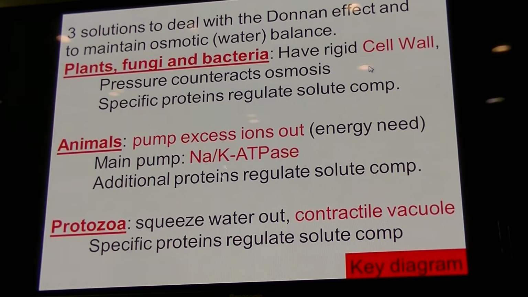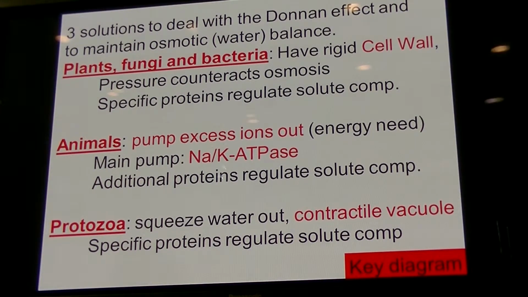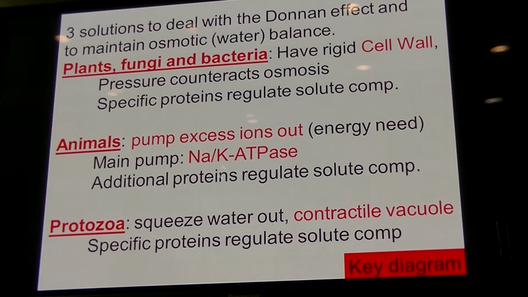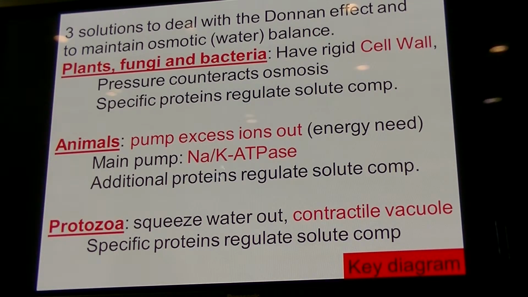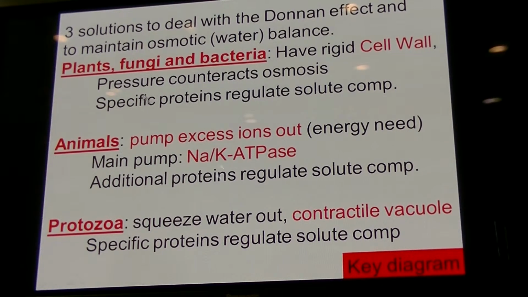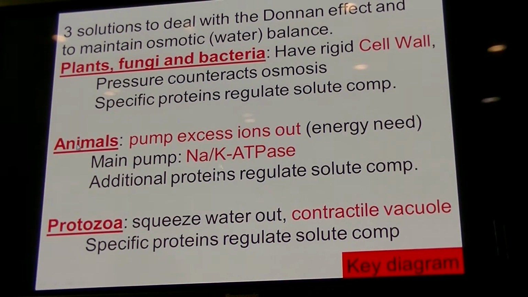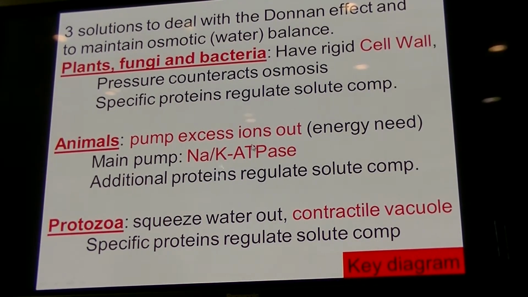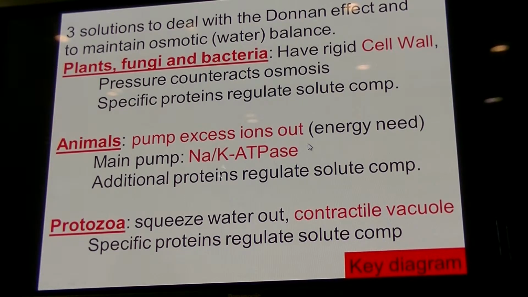Now we still need proteins in the cell membranes of plants, fungi, and bacteria in order to make sure that the ions that come in and that stay in are the right ones. So we still have specific proteins. What is our solution? Our solution is our friends, the sodium-potassium pump.